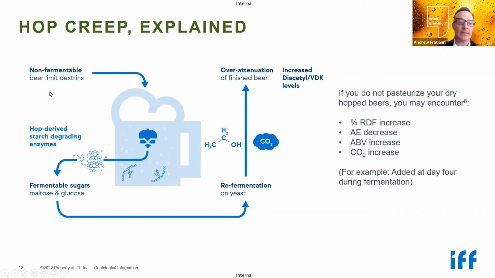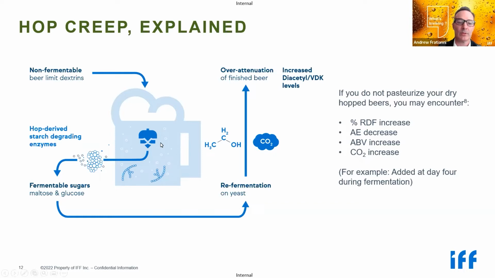And what's happening is that at the end of your fermentation in beer, there are some dextrins that are remaining. These are the non-fermentable sugars or carbohydrates that have been left in the beer due to the mashing procedures in the brew house. But when you add hops to them, there are enzymes in the hops that can break down those dextrins, and they're not broken down by enzymes in the malt.